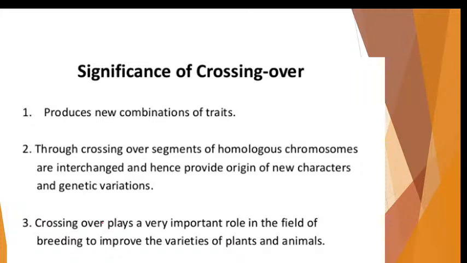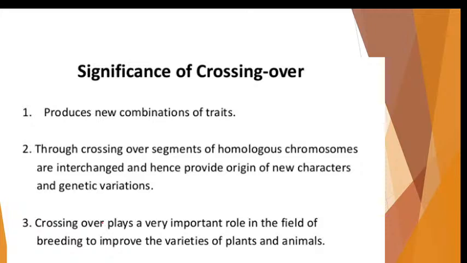As a result of crossing over, new genetic combinations and new traits are formed, and that is what is promoted by nature too. Nature doesn't want a monoculture or individuals of the same type. It prefers, or nature looks for, varieties. So the first significance of crossing over is that it produces new combinations of traits.